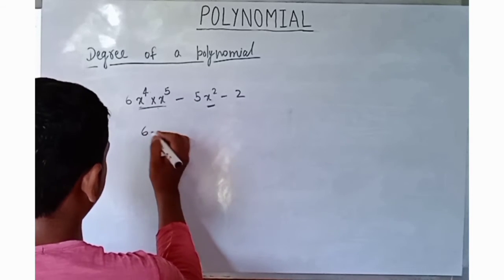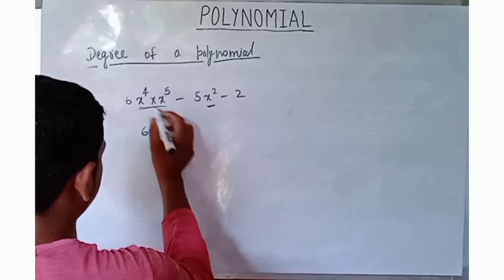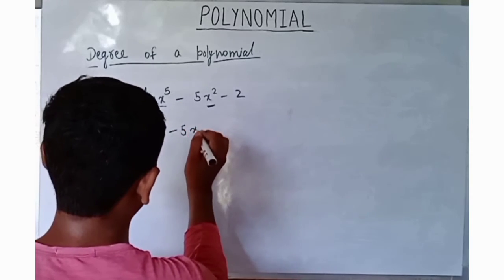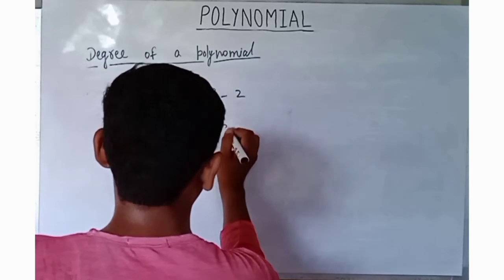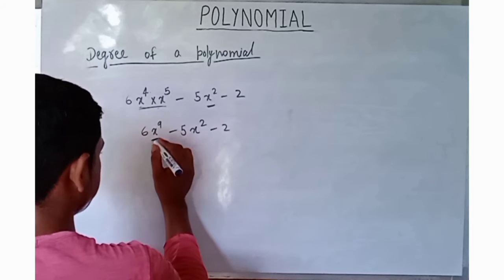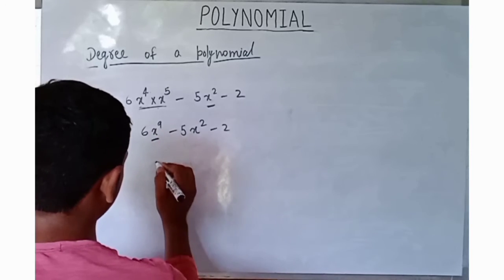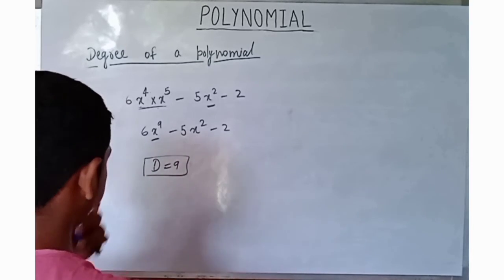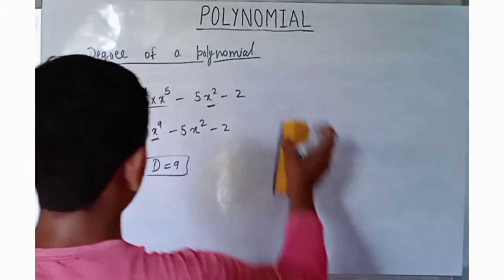You can simplify it. Bases are the same, so the powers will be added: 4 plus 5 is 9, minus 5x square, minus 2. So the highest power of the variable is 9, so the degree of this polynomial will be 9. So this was a small concept.